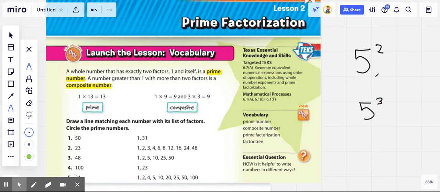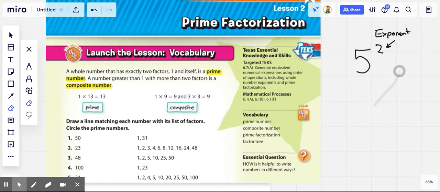Just a refresher, this is the base, and this is the exponent. You would say this is 5 squared, or 5 to the power of 2. When we do this, it's not 5 plus 5. We're multiplying 5 2 times.